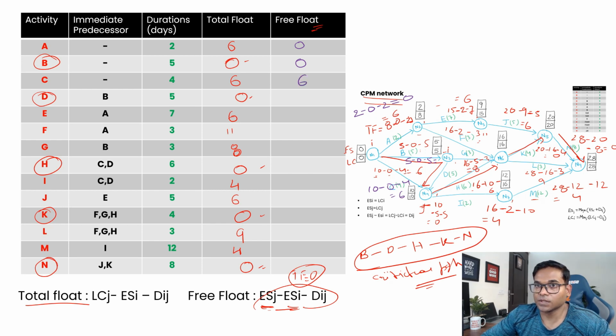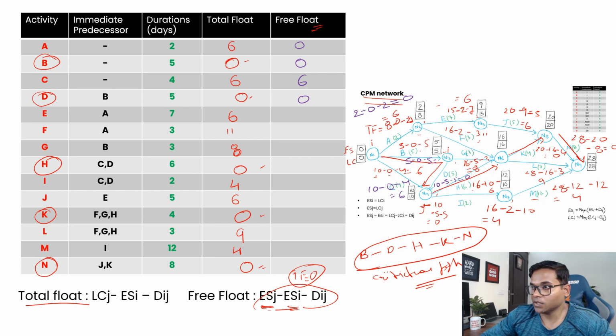Now for activity D, where is it? Activity D is here. So what is the early start? 10 minus 5 minus 5 equal to 0, so it is 0.